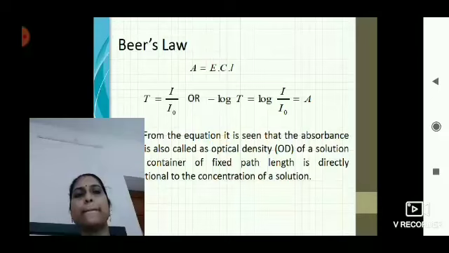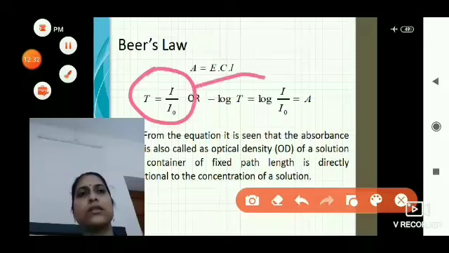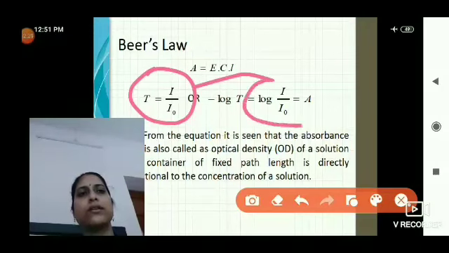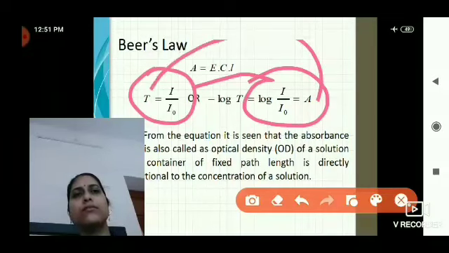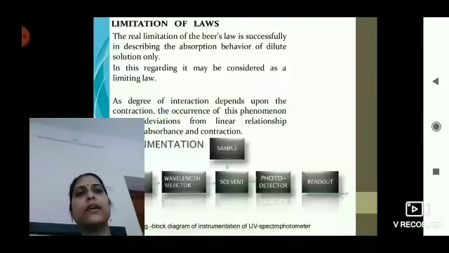This is the Beer law. Also, T refers to transmittance, and from these equations A = log 1/T. This is the Beer law.